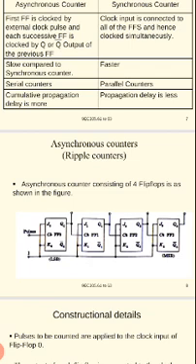Constructional details. Pulses to be counted are applied to the clock input of flip flop 0.